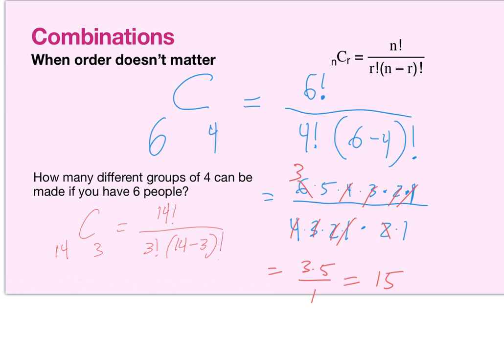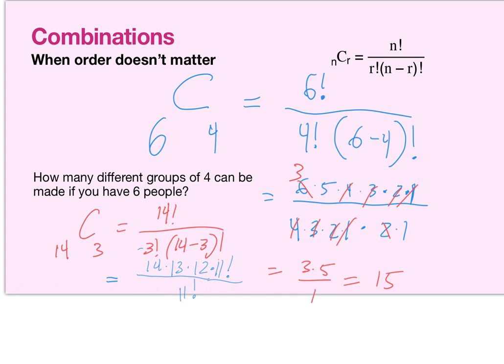The shorter-hand way of doing this: in the top, I'm going to look at which of these is the bigger number. Over here, this was the bigger number; over here, this will be the bigger number. So 14 minus 3 is 11 factorial. In the numerator, I'm going to have 14 times 13 times 12 times 11, and then 11, 10, 9, 8, so that's actually 11 factorial.